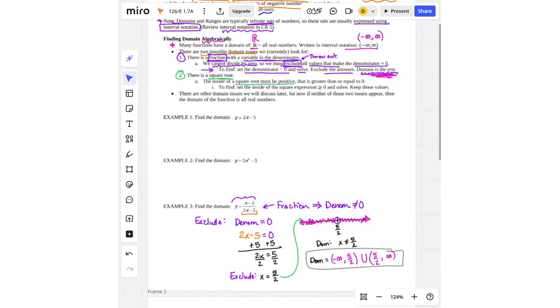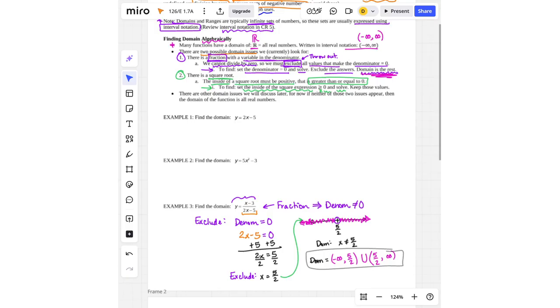So since we cannot take the square root of a negative number, that tells us that a square root must be a positive number. Okay, so the inside of the square root must be positive. So our other way of saying that something's positive is that it is greater than or equal to 0. So to find the domain, what we're going to do is set the inside of the square root expression greater than or equal to 0 and solve.